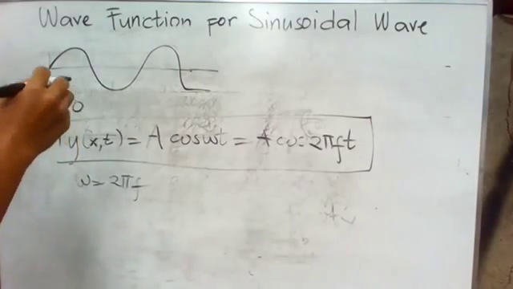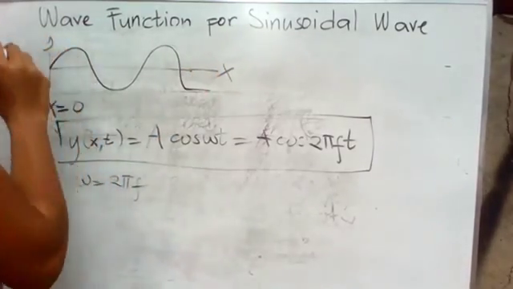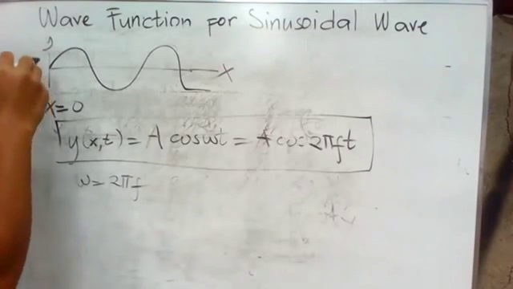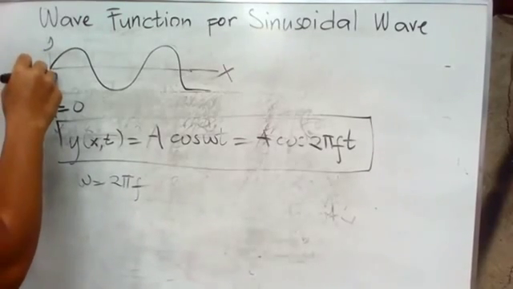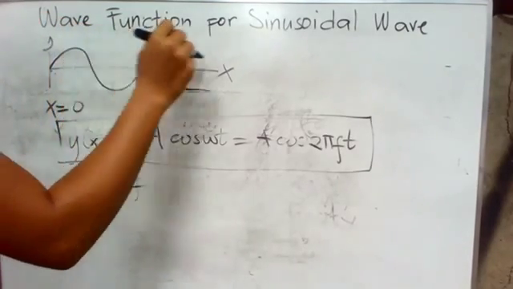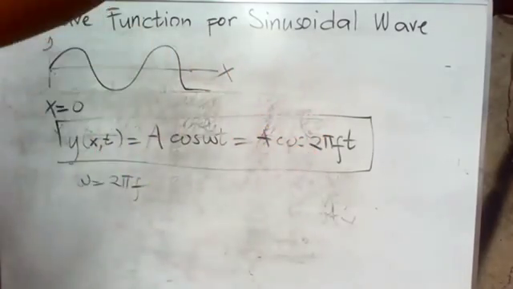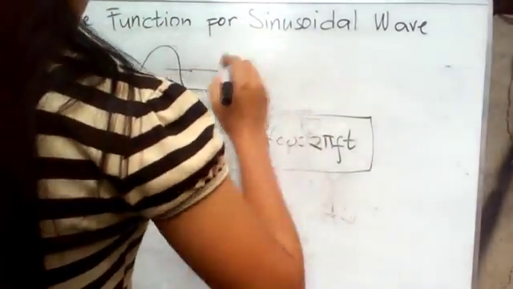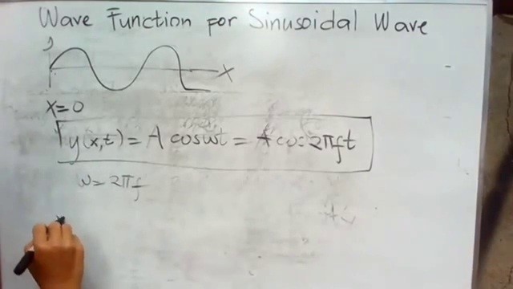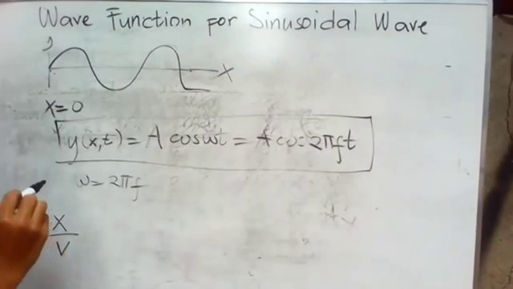The wave disturbance travels from the origin to some point x to the right, in a positive direction, in an amount of time x over v.